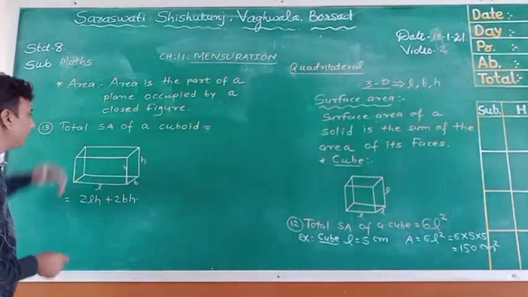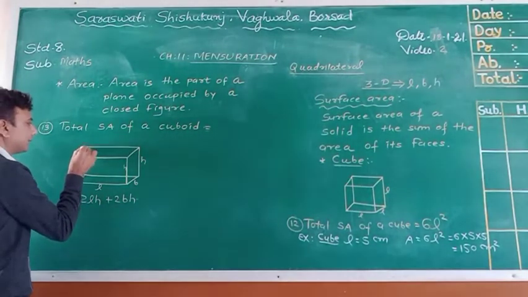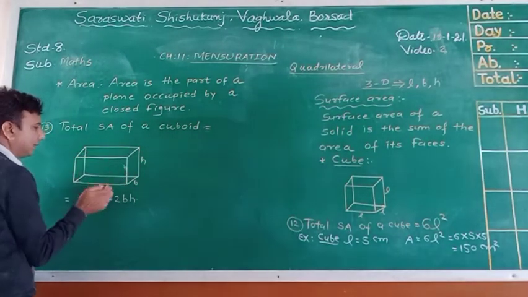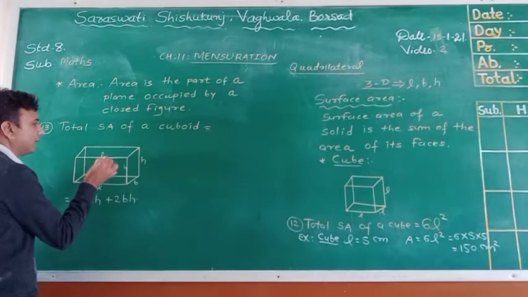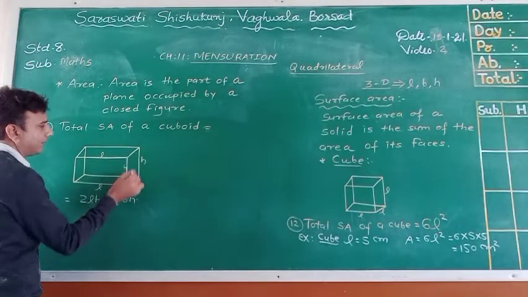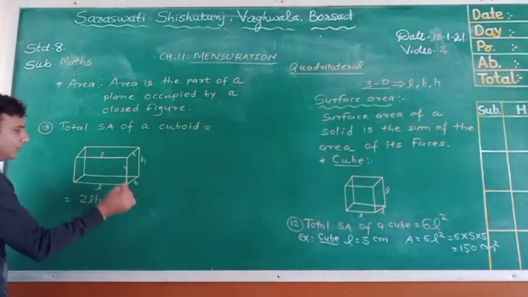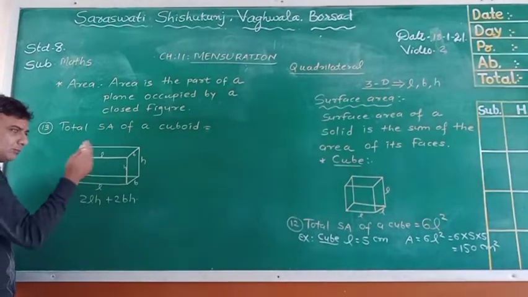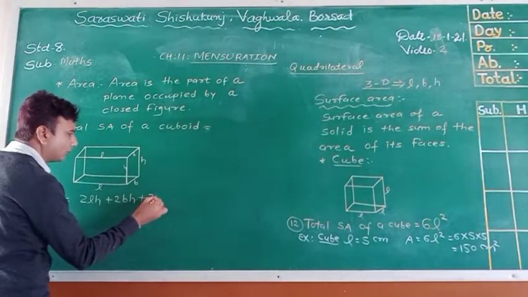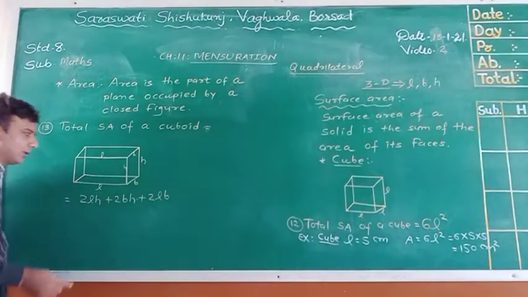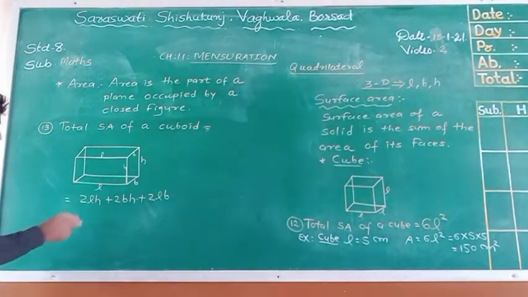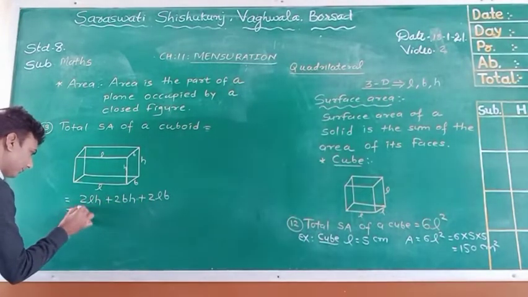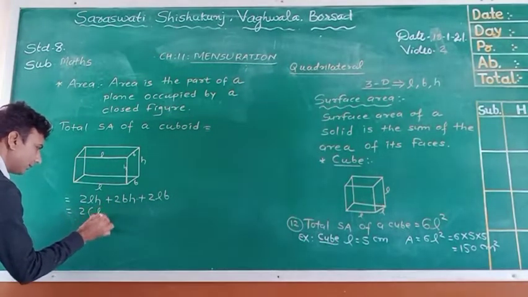Now top. From top side, we can observe this rectangle. It will have length L and this breadth B, and 2 times, top and bottom both same. So 2LB. Clear? Now 2 is common from these terms.